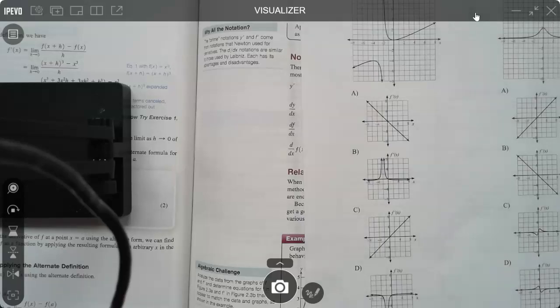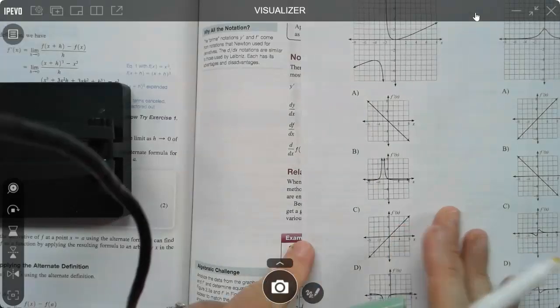How many of you think it's A? Raise your hand. How many of you think it's B? Couple people. What about C? D. I think it's B, Mr. Hughes. All right, let's do some analysis here.